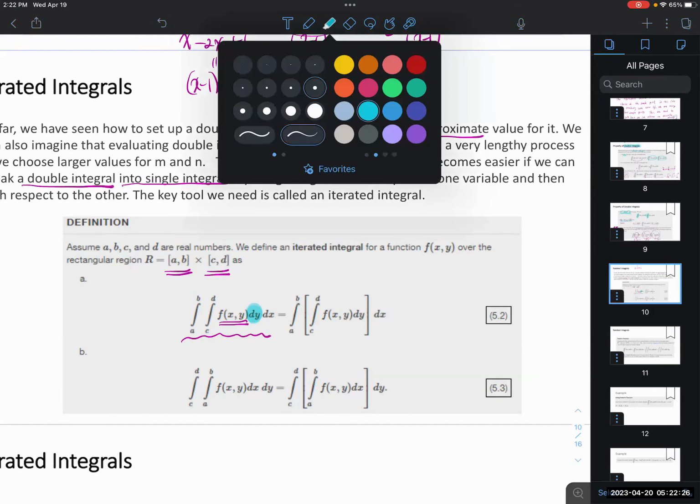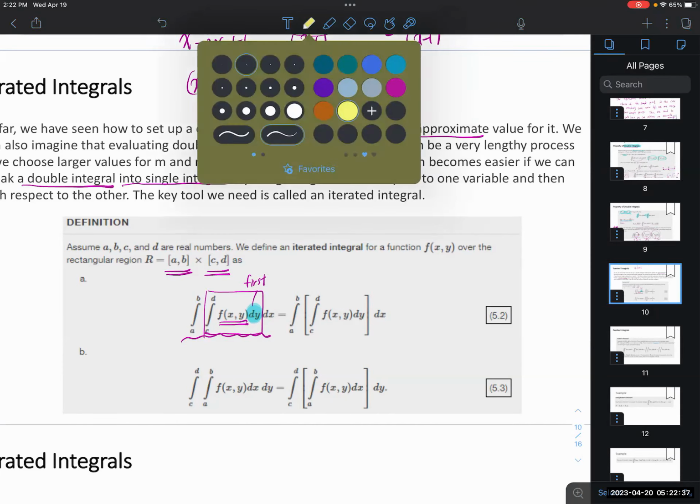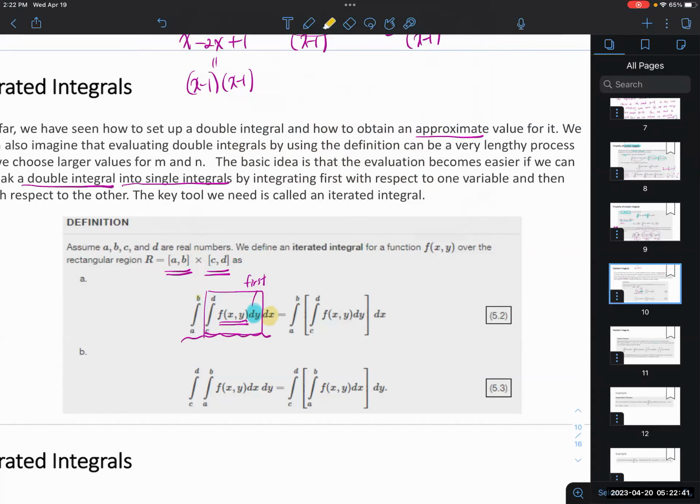That means you're taking the integral with respect to y first, so that work is going to happen first. Then the second variable, dx. So this is the integral for dx.